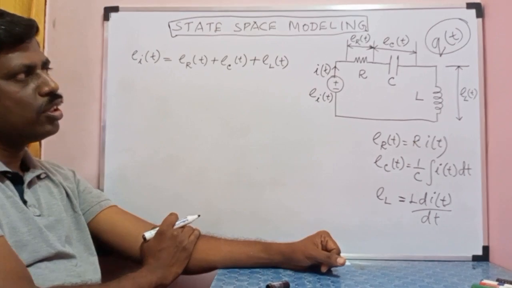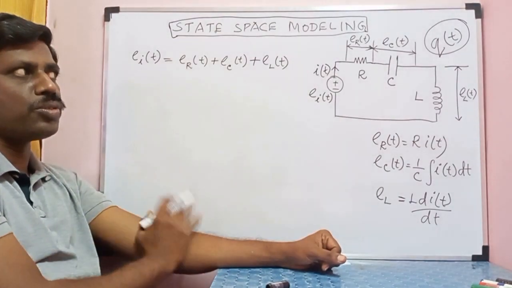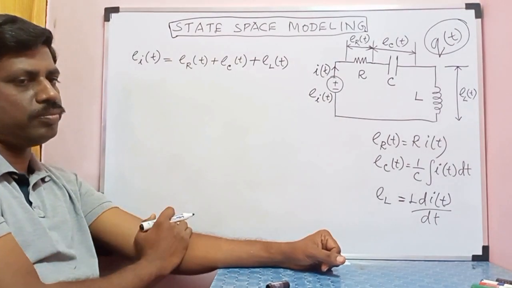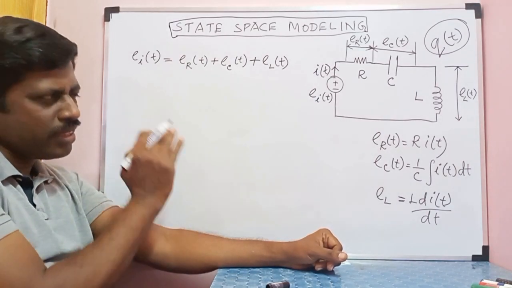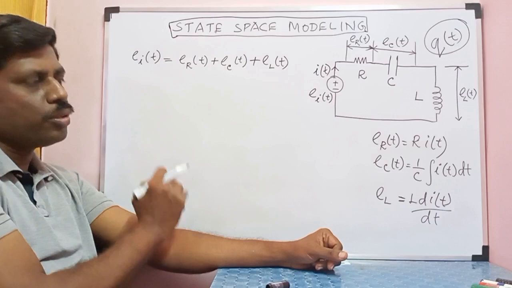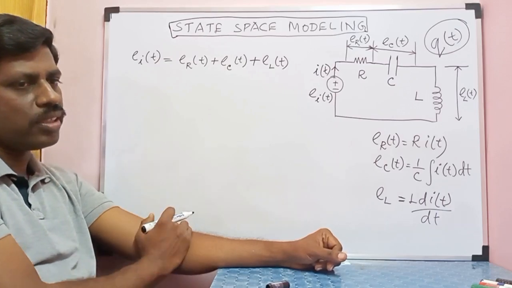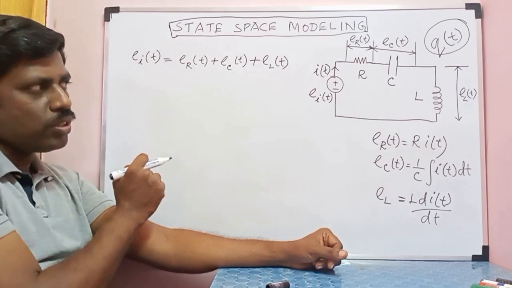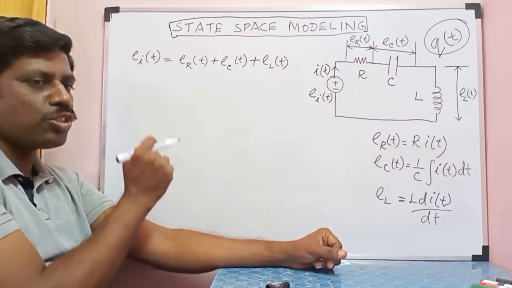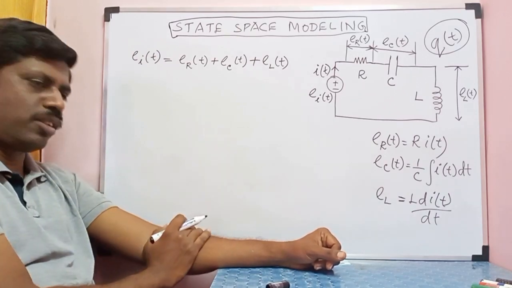Now the question is, what are the state variables I can choose from this? You can choose any 2, but to make it a bit systematic, usually, as explained in the previous lecture, we take the variables which affect the energy stored in these energy storage elements.